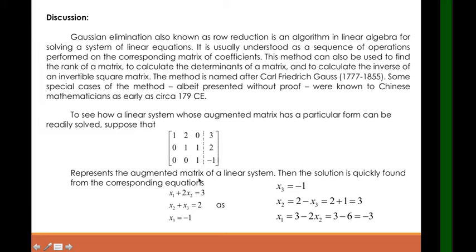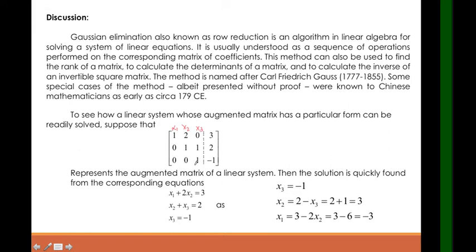Then, the solution is found quickly from the corresponding equations. We can write it as x sub 1, x sub 2, x sub 3, where everything in row 1, column 1 corresponds to x sub 1, x sub 2, and x sub 3, and this is their equivalence.